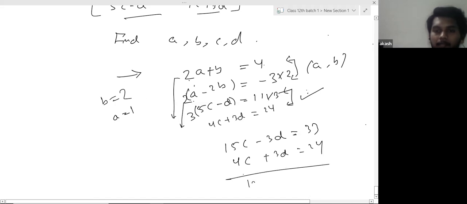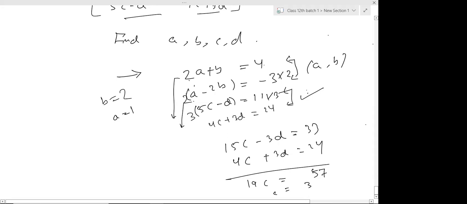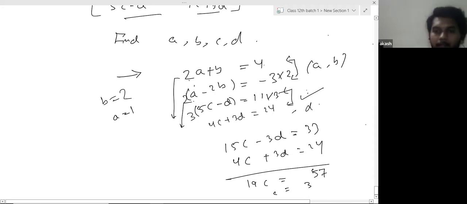Add them. So this is 19c equals 57, right? So c is 3, I guess. If c is 3, then d is 4. So 1, 2, 3, 4 are the values.